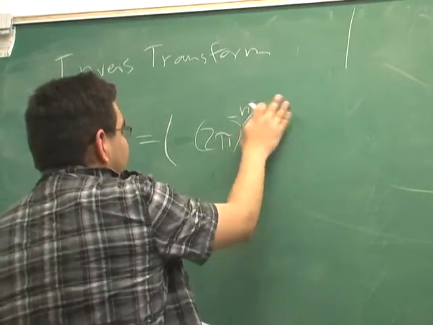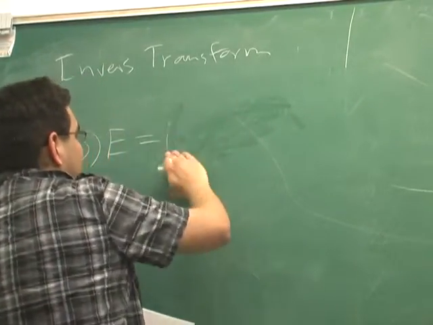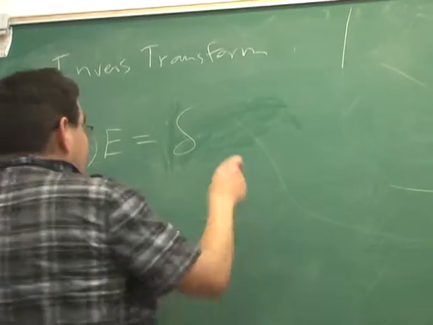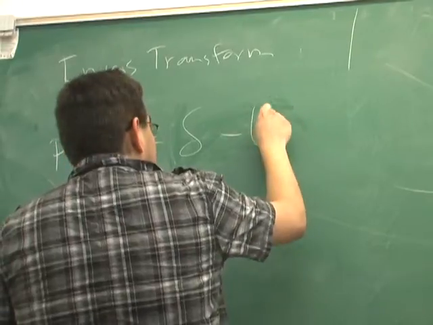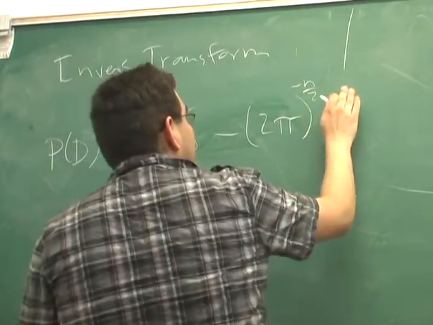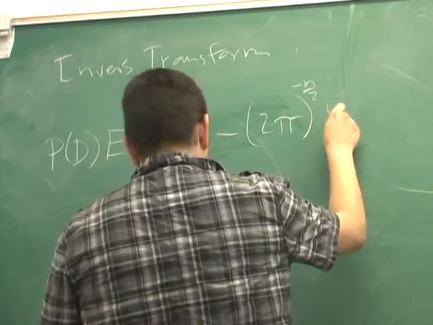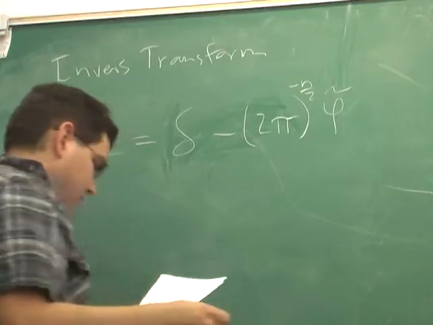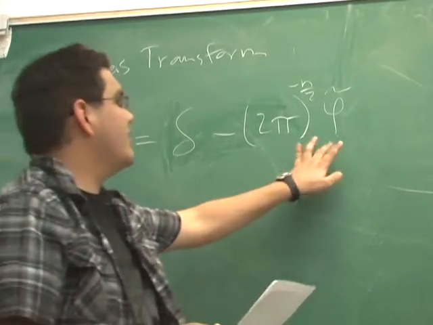So we get delta minus this constant, 2 pi over 2, times psi, the inverse transform.